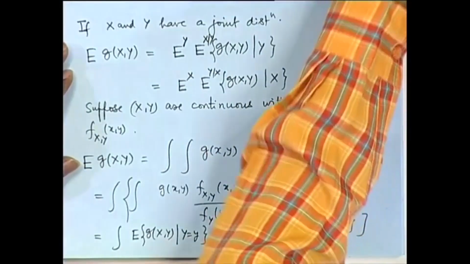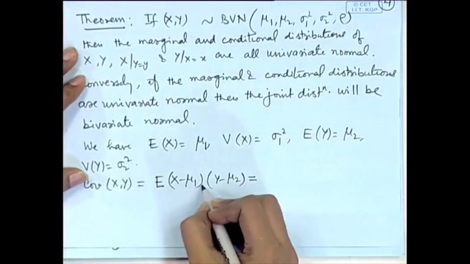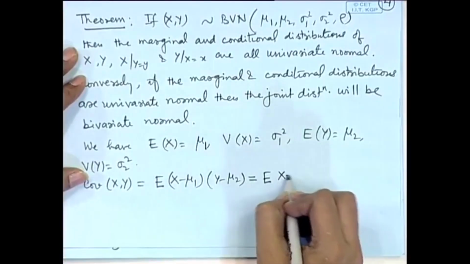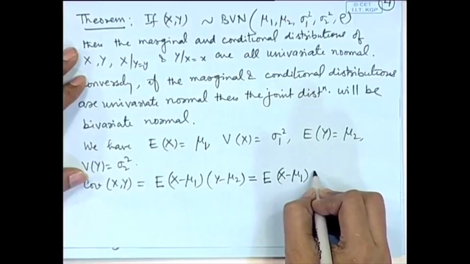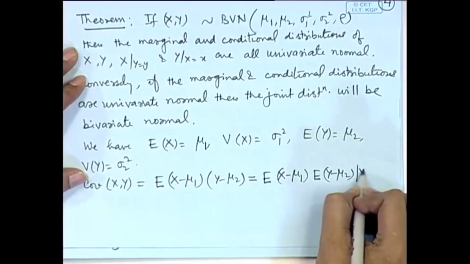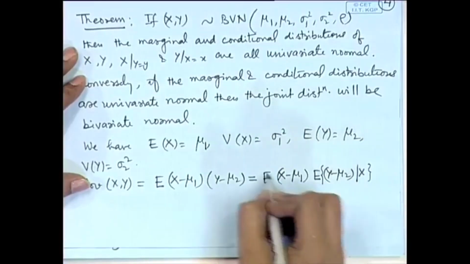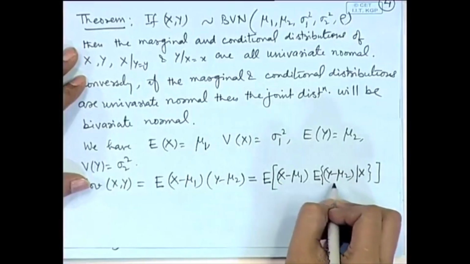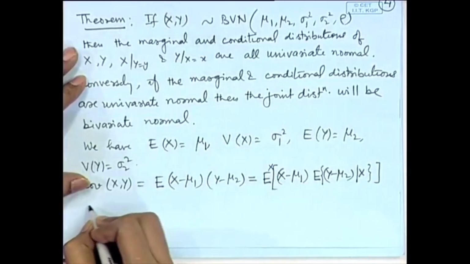So, if we make use of this, then expectation of x minus mu 1 into y minus mu 2, we can write as expectation of x minus mu 1 into expectation of y minus mu 2 given x. So, the inner expectation is the conditional expectation with respect to the distribution of y given x, and the outer is with respect to x.